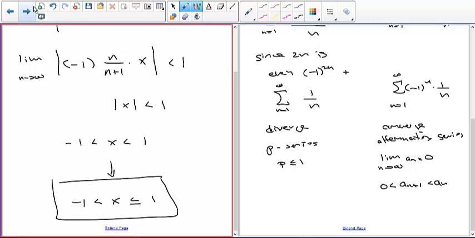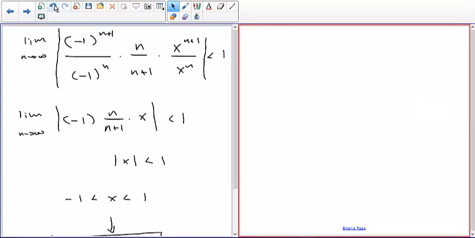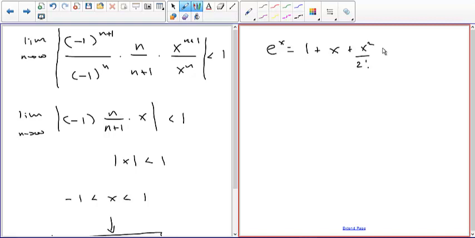Actually, one more thing I'm going to show you before we quit for today is the infinite series for e to the x is 1 plus x plus x squared over 2 factorial plus x cubed over 3 factorial.